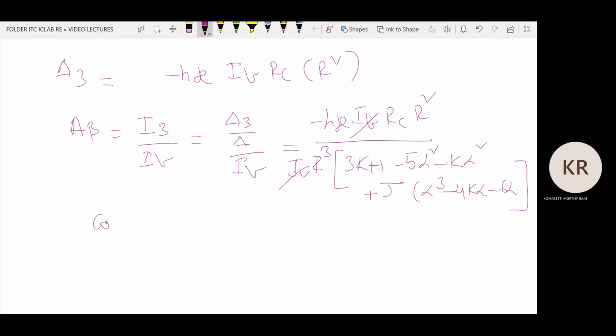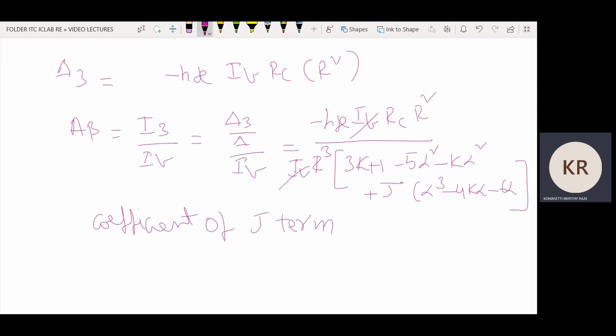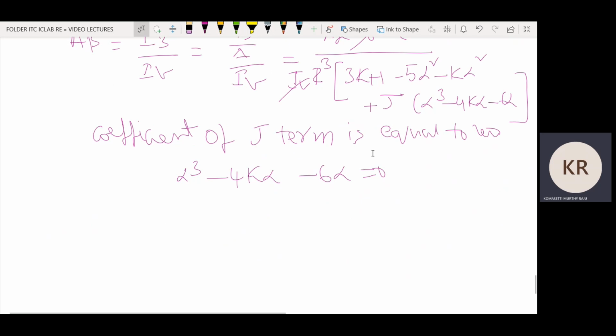Therefore, alpha cube minus 4k alpha minus 6 alpha is equal to 0.